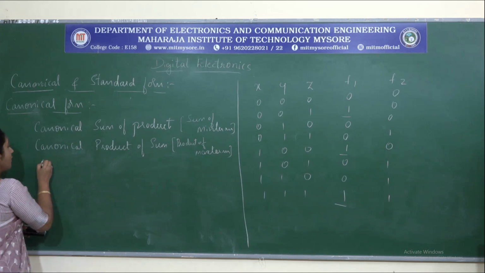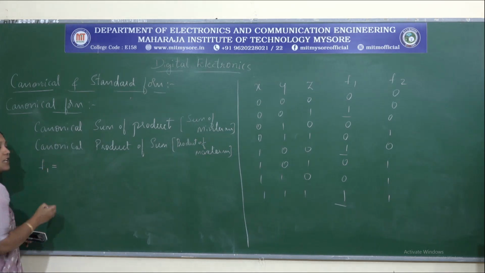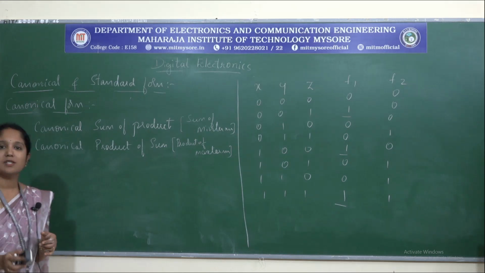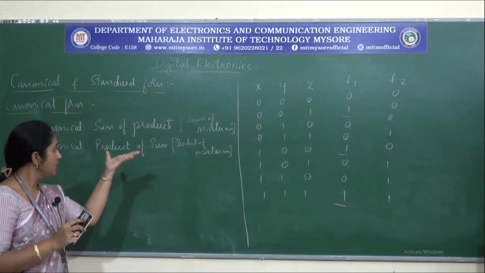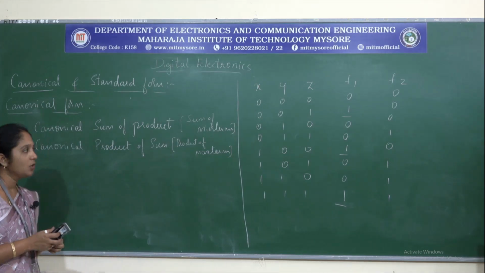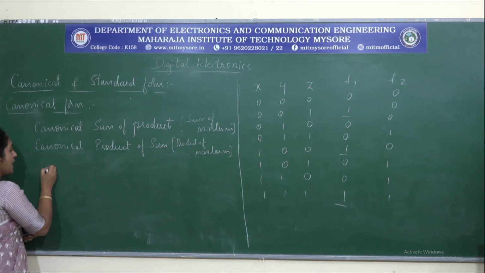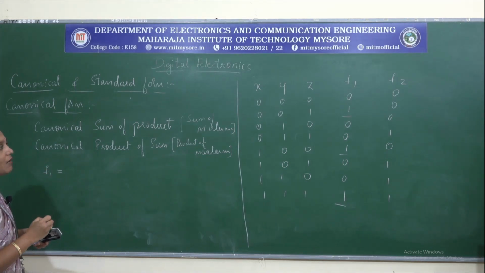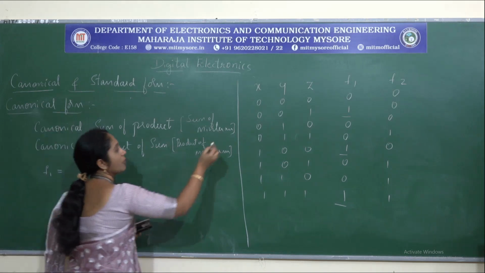So function F1 can be expressed, let me do one thing. First I will express it using minterms, later I will express it using maxterms. So if I write F1 in terms of minterms, how to express? We have logic 1 for this combination.